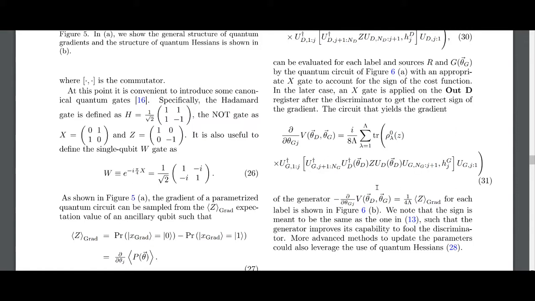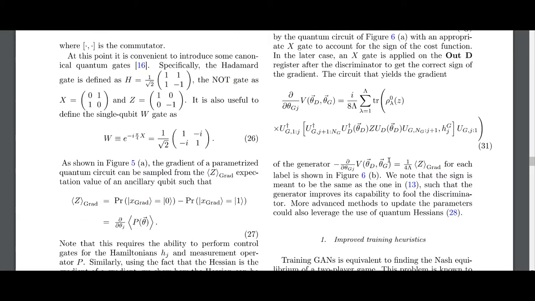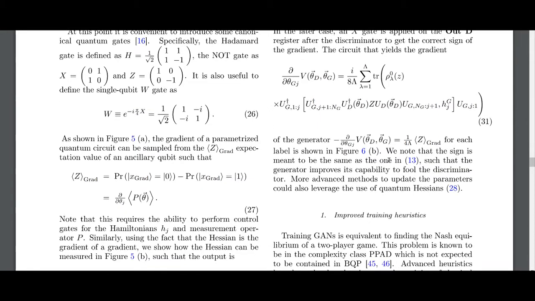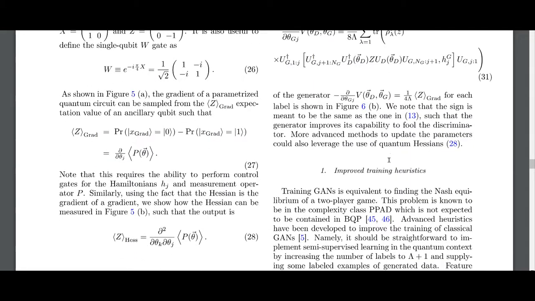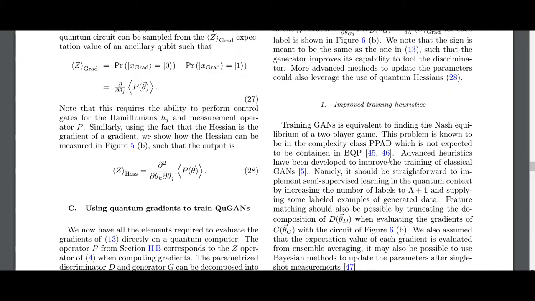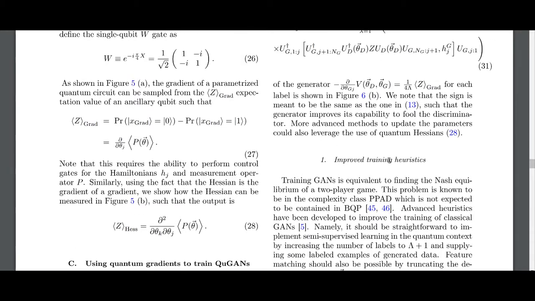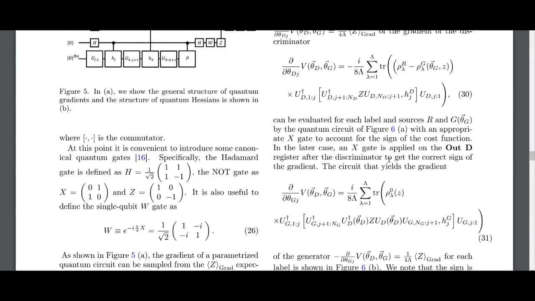So basically, they just do the derivative mathematically, and then they just write this down in circuit notation, and they come up with a circuit. Awesome. But I'm not happy with that. I'm really not happy with that.